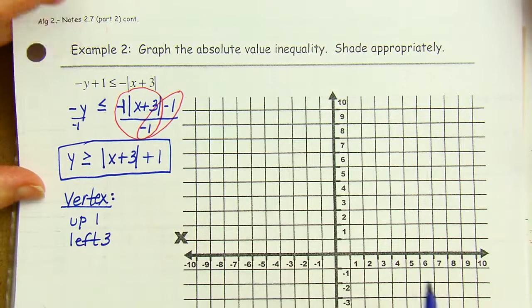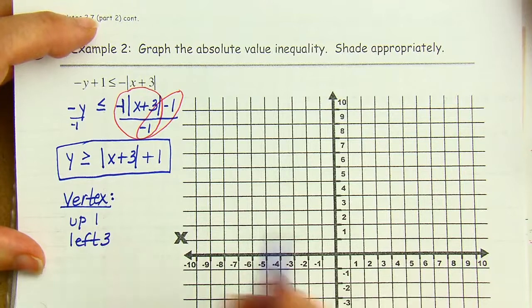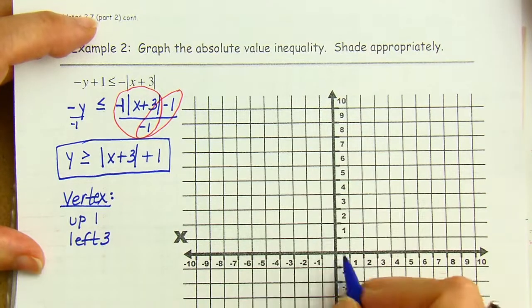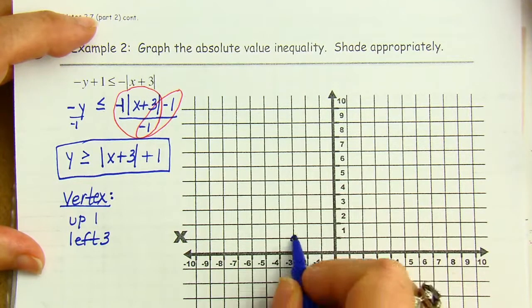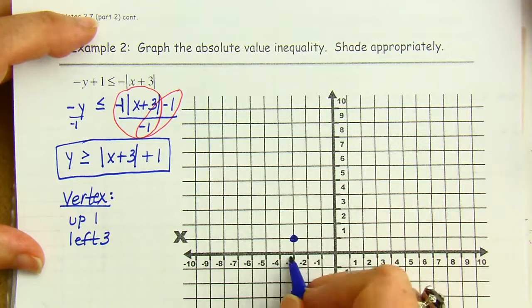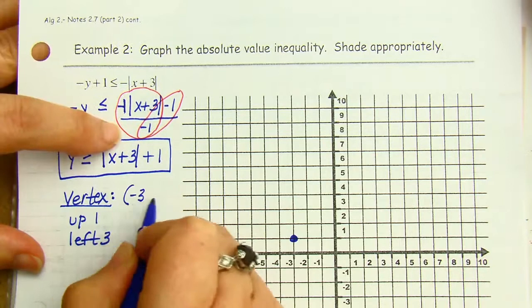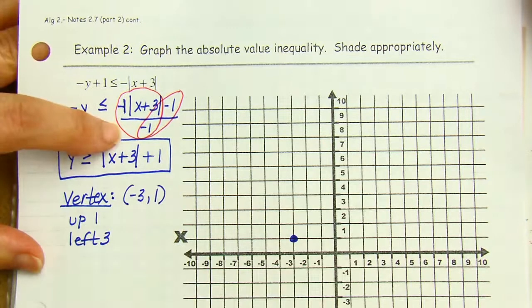And it probably would help if you just plot that point so that you can get the coordinates, because I know students are going to mix this up. So I would go up 1 and to the left 3. Now remember, coordinates are x first, then y. So my x is -3 and my y is 1. Okay, so be careful with that.